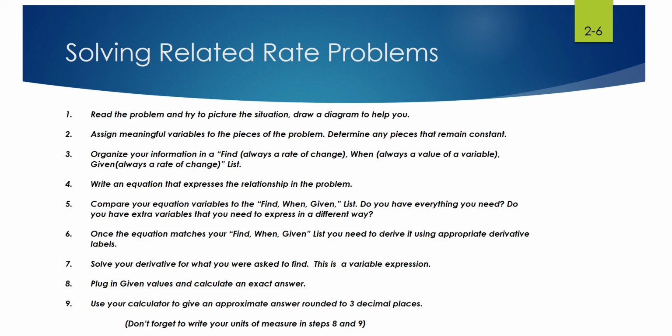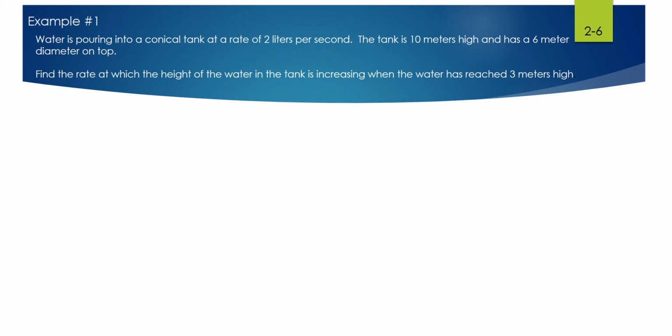Let's do a problem. Okay, so let's read it. Water is pouring into a conical tank at a rate of 2 liters per second. The tank is 10 meters high and has a 6-meter diameter on top. So I have a conical tank. Water is pouring in. What's changing? Volume. So that means change in volume, dV over dt, 2 liters per second.